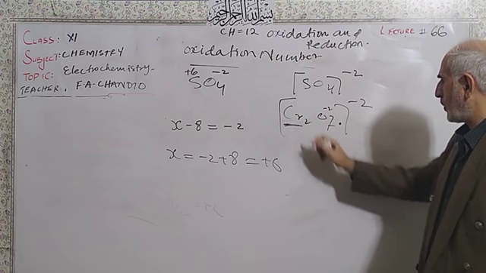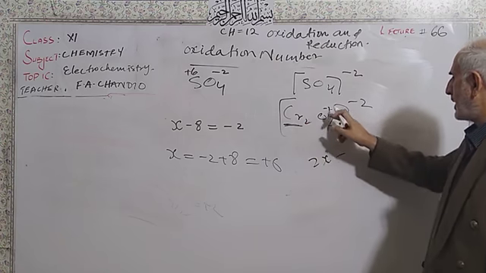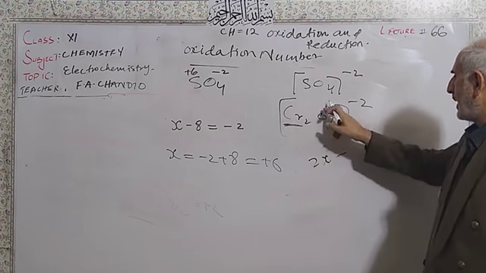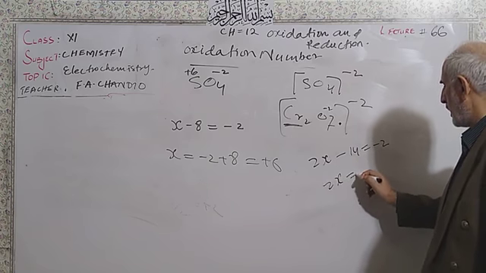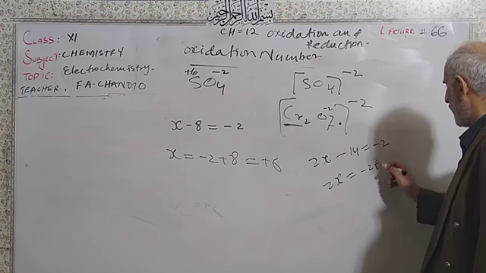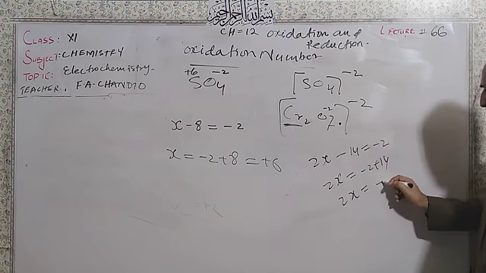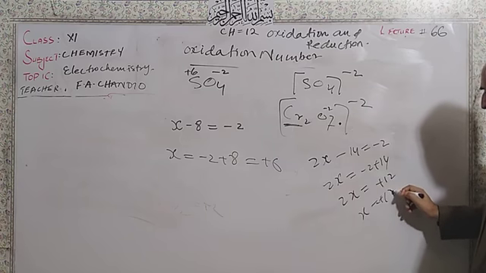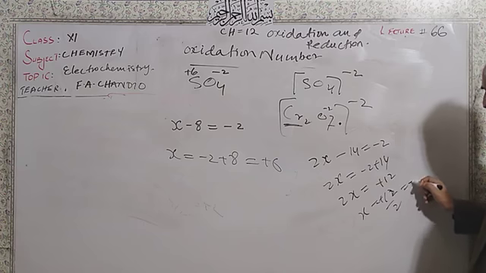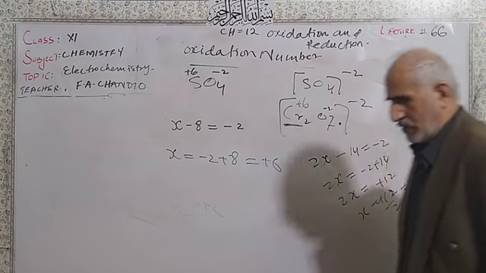So oxygen is negative 2, chromium 2x, because 2 are given here, minus negative 2 multiplied by 7, negative 14, is equal to minus 2. So 2x is equal to minus 2 and plus 14. So 2x will be equal to plus 12. So x will be equal to 12 divided by 2, is equal to plus 6. So on the chromium there is a plus 6 oxidation number.